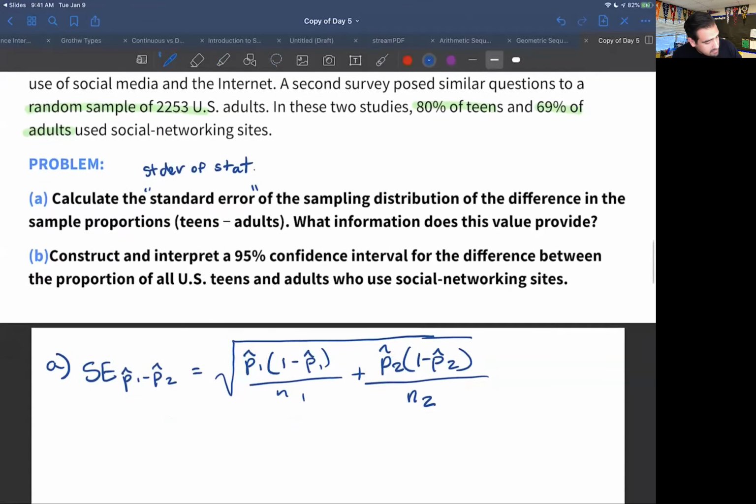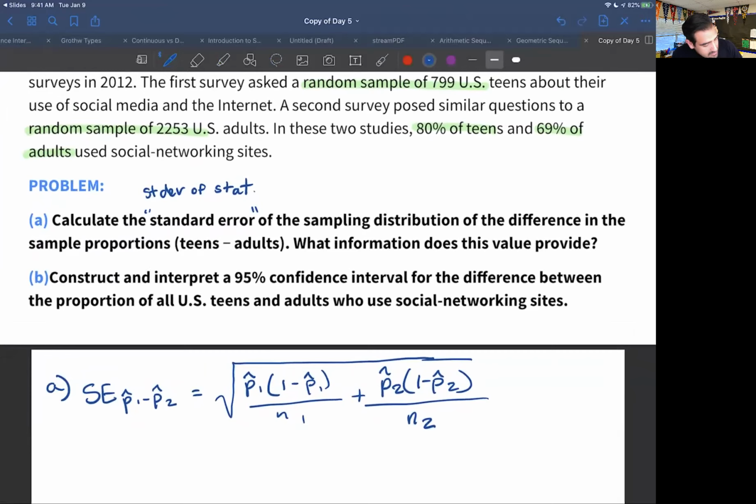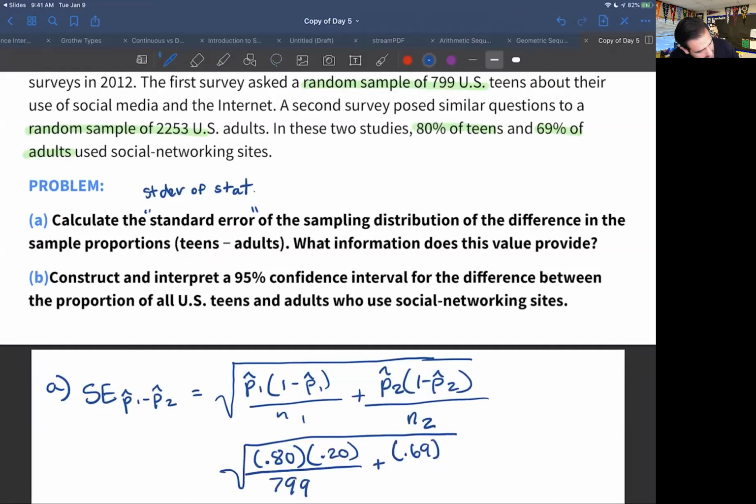So plugging in all the information that I know from teens minus adults. We're doing teens minus adults, that means p1 represents teens. I know 80% of teens, so 0.80 times 0.20, over a sample size of 799, because that was the sample size for teens, plus 69% times 31% over 2,253 adults.